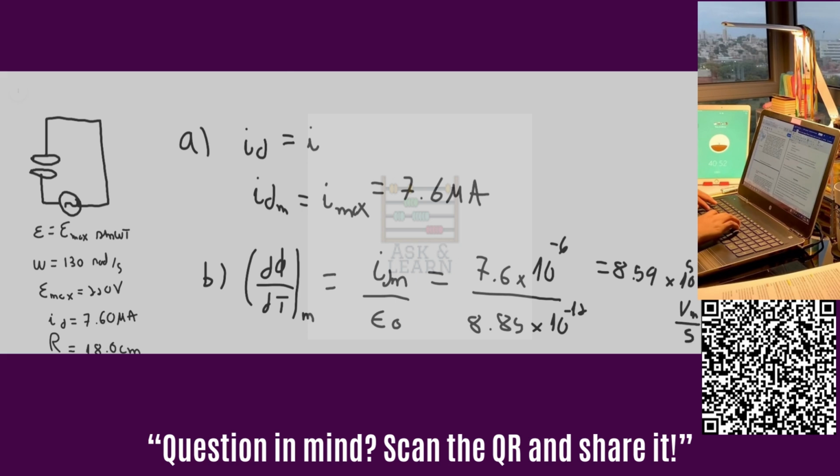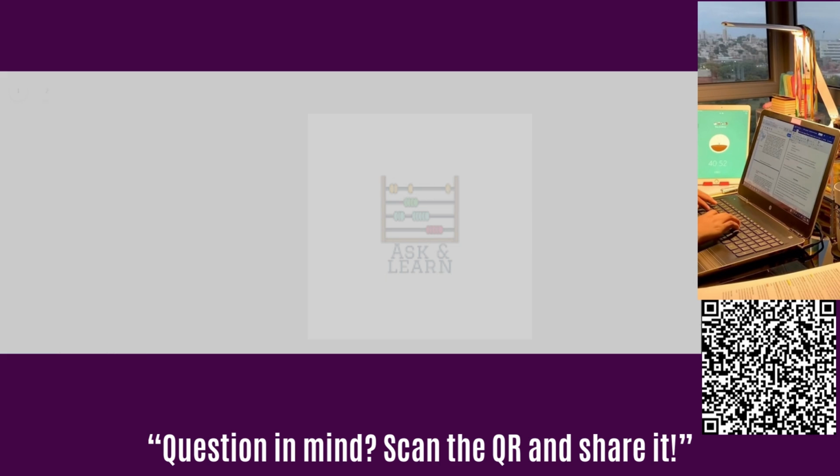Now for part C, we want to know what is the separation between the plates. We can find the separation because we know the variation of the potential. So we have that I_D equals epsilon 0 dΦ_E/dt, but you can write this also as epsilon 0 A divided by d, dV/dt.